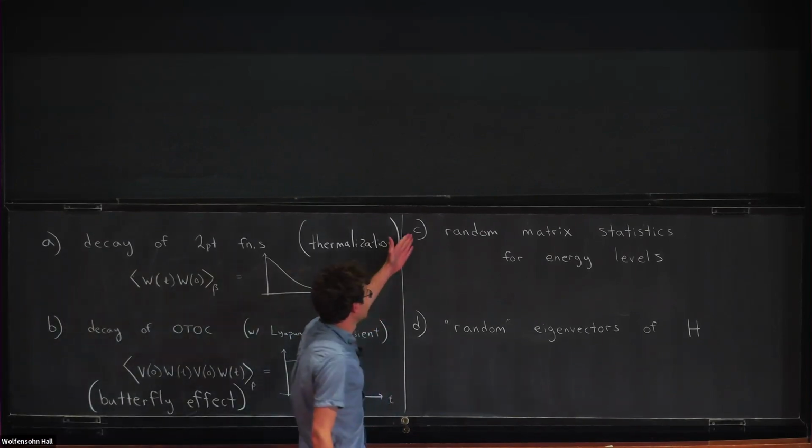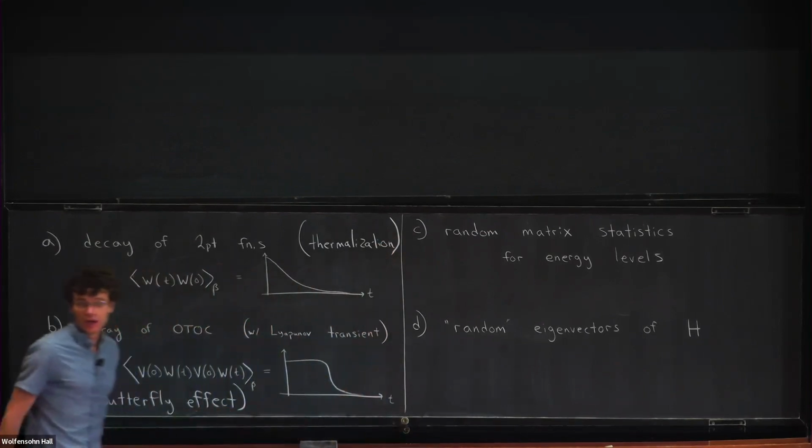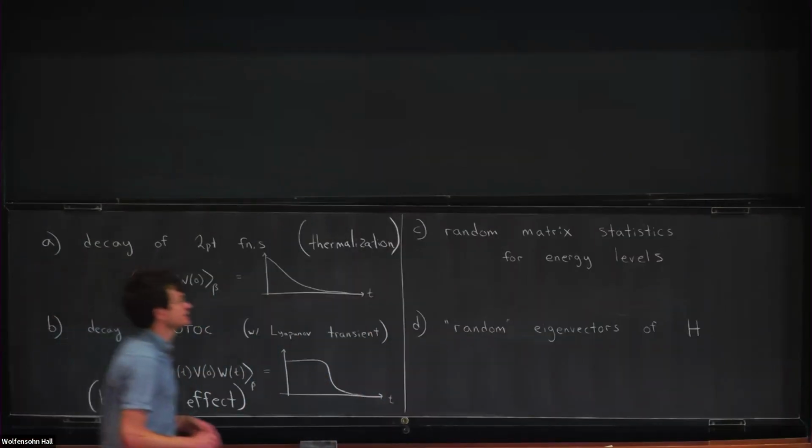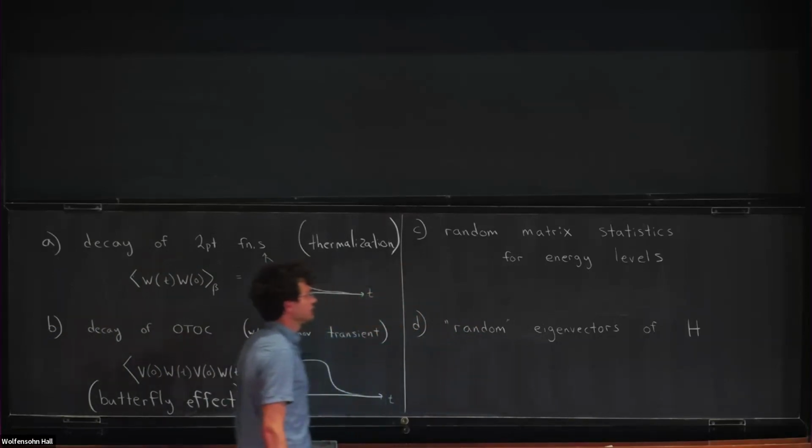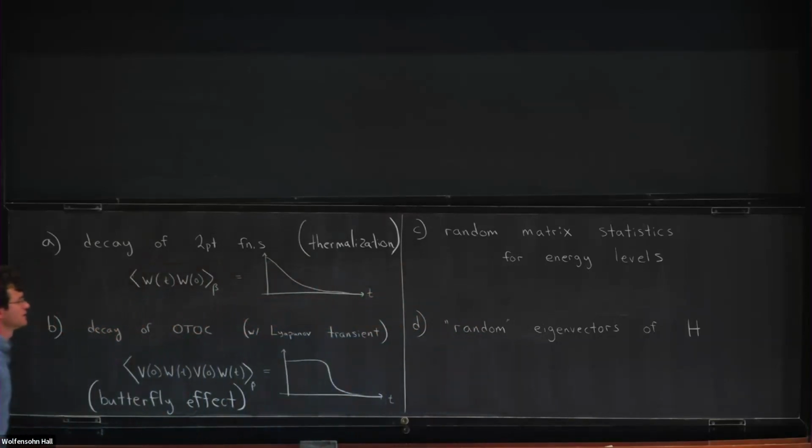A third symptom of quantum chaotic systems is that the energy eigenvalues satisfy random matrix statistics. This is the Bohigas-Giannoni-Schmidt conjecture.